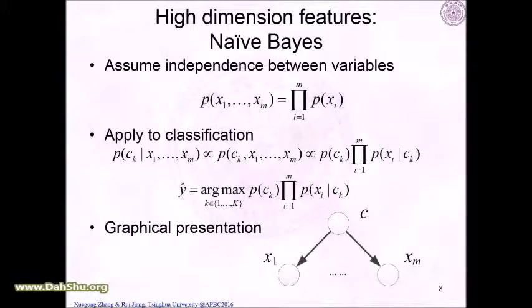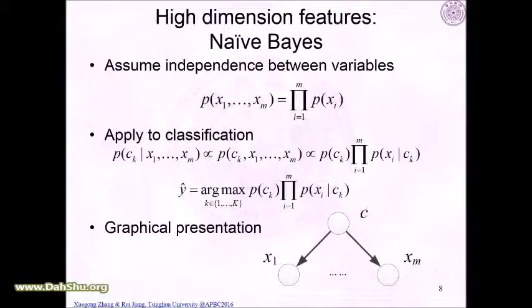Actually, this can be presented in a graph. The class label is one variable we want to estimate, to predict, and we have the sample, the features of a sample. The multiple features are independent. We can think that for class 1, there is a model for the density of each feature in class 1.